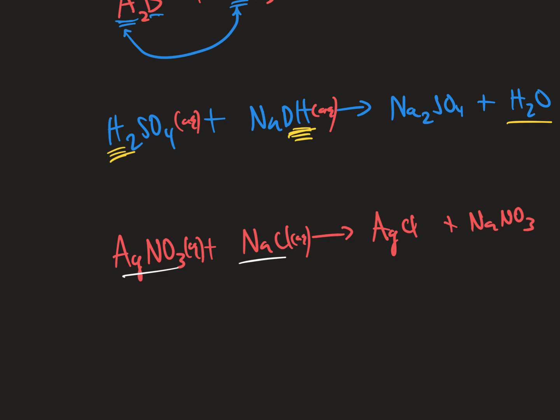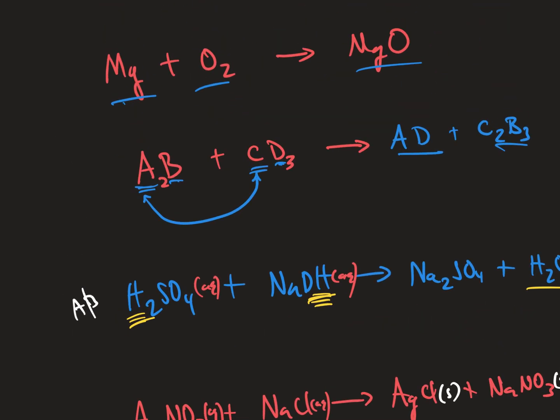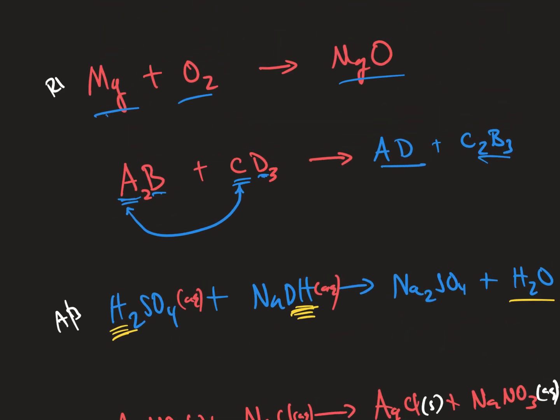Now we'll get in a little bit deeper. Sometimes it could be no reaction. We'll talk about that. But in this case, this forms a solid, and this is still aqueous. If they were both aqueous, no reaction. We'll get there. So this is a precipitation reaction, this is acid-base, and this one is redox.